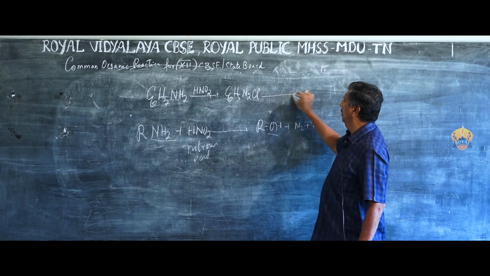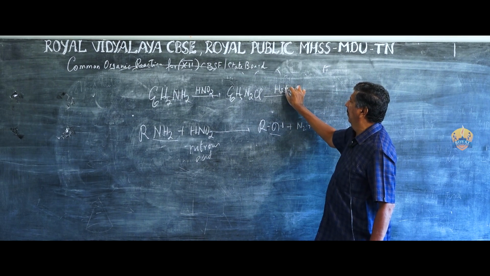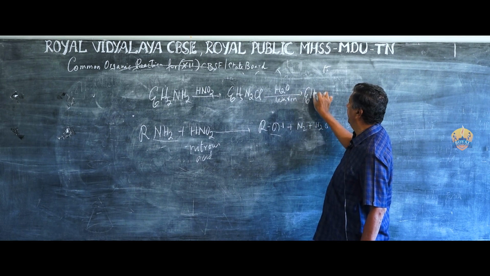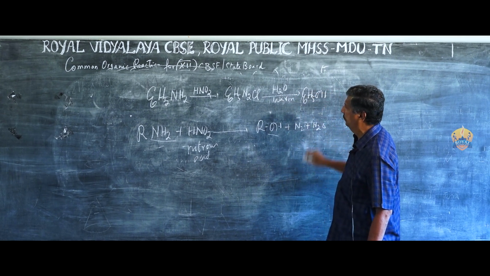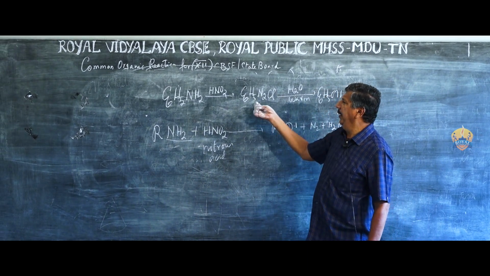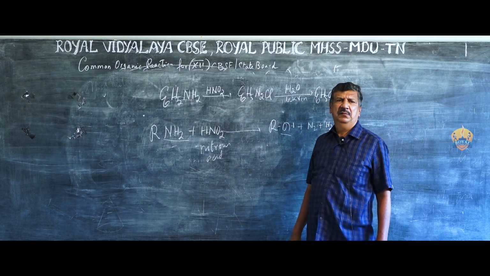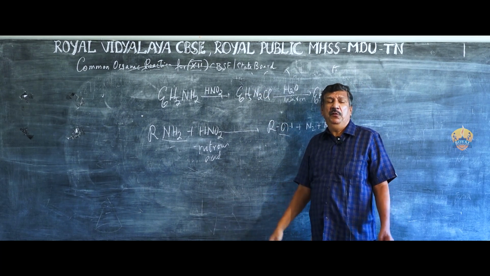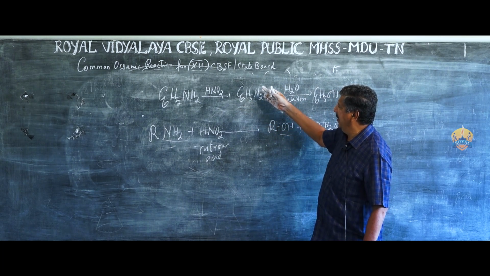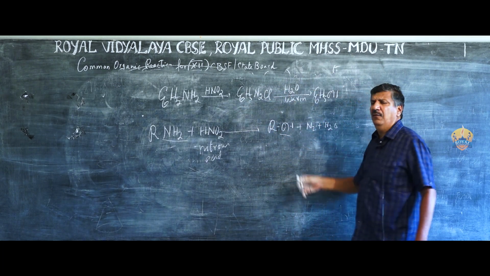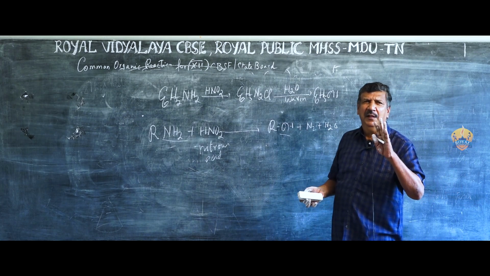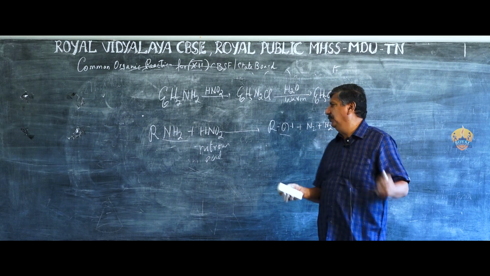And then, when warmed with water, only then it changes into phenol. So in the case of aniline, you get a compound that is not just an intermediate, it's a stable compound. You should pass through benzene diazonium chloride, then it will go to phenol. This is only for aniline.